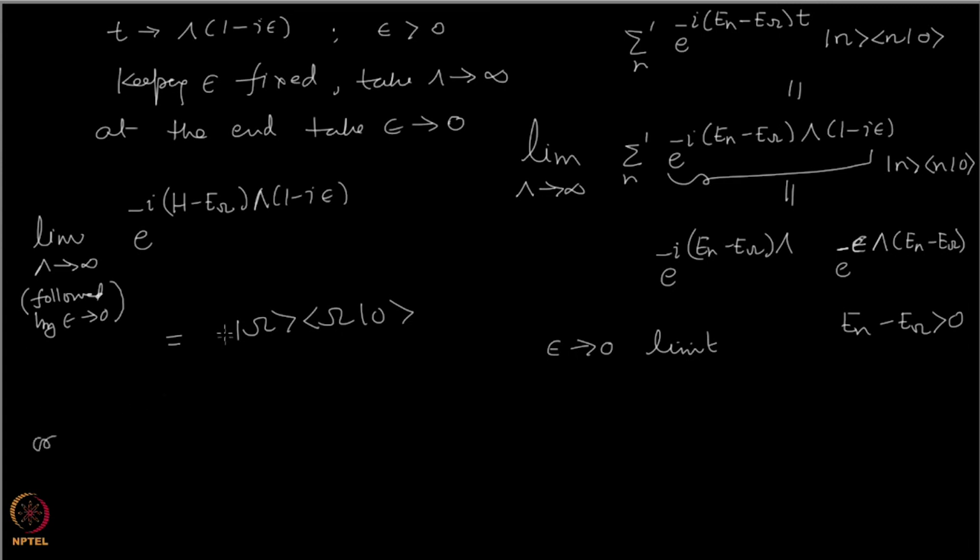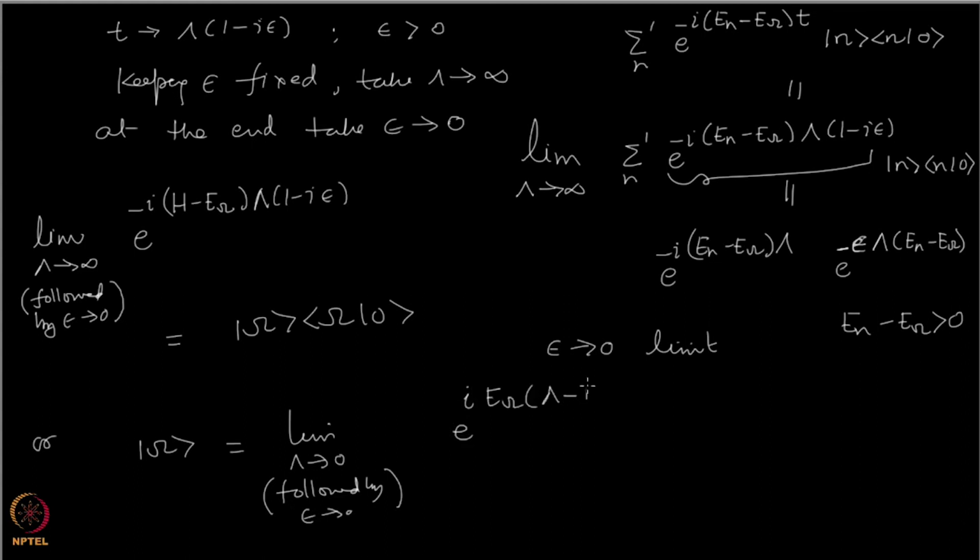Ket omega is the limit lambda going to infinity followed by epsilon going to 0 of e to the i E_omega lambda (1 minus i epsilon), this piece, and I divide it by this complex number, whatever that inner product is.